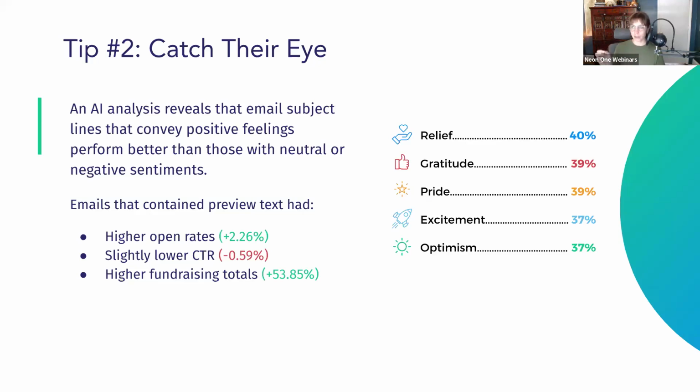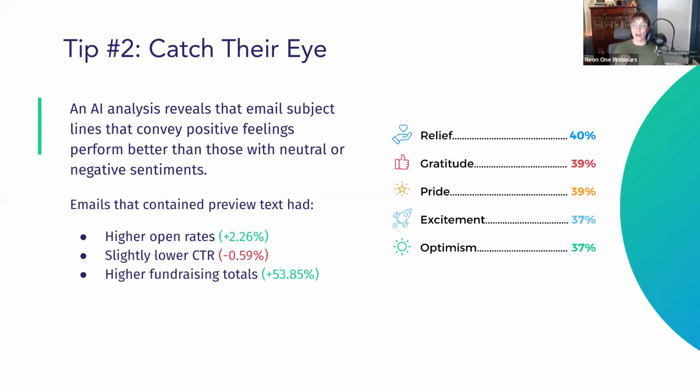Sometimes you'll see something like "organization logo dot png" there instead of some good content. But your preview text helps your readers understand what they're going to find when they open your appeal or whatever email you're sending.